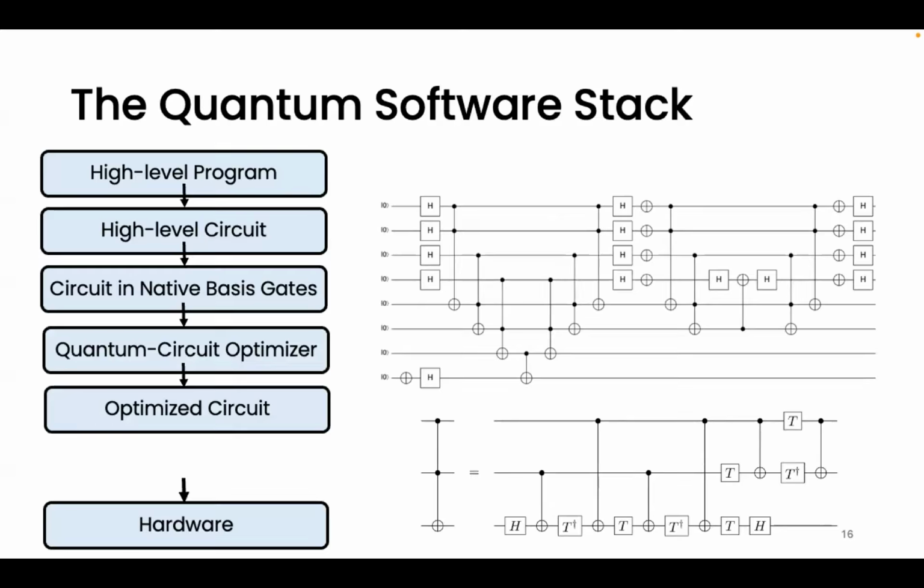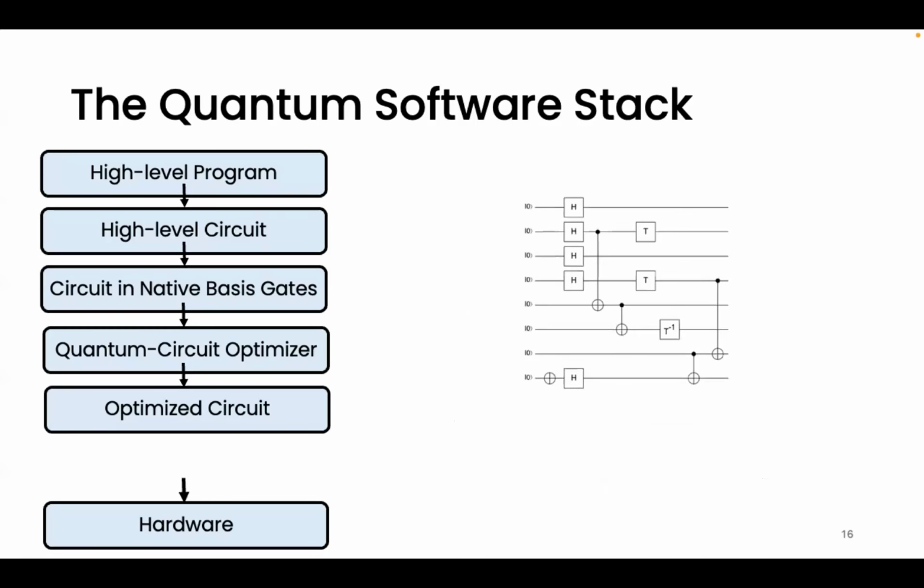But still, because individual operations are noisy, among other concerns, we want to minimize the size of the circuit that we actually execute. This is where a quantum circuit optimizer comes in, where we try to optimize the circuit with respect to some cost function. That might be the total number of gates, the number of a particular type of gate, or something like that. The optimizer takes that circuit and produces one that looks like this, that's semantically equivalent but better with respect to our cost function.